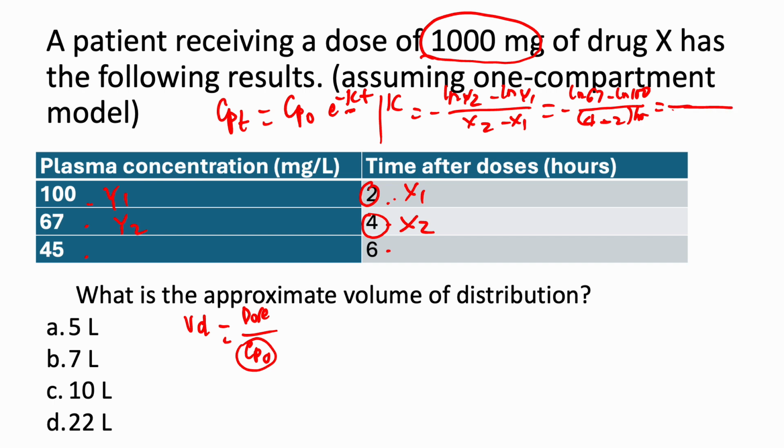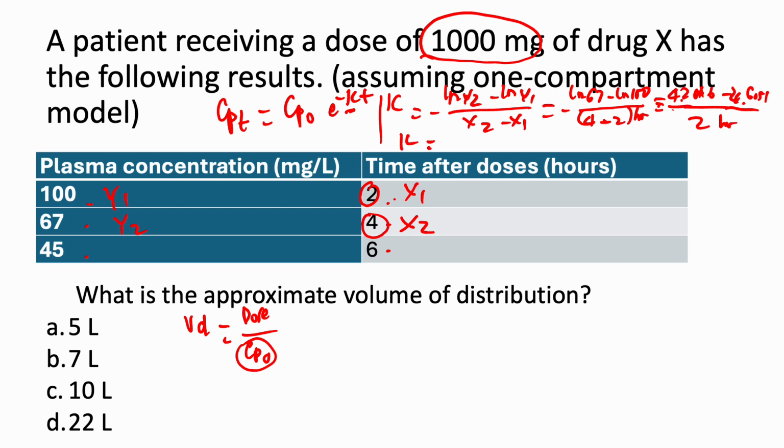So then I have the negative value of natural log of 67 equal 4.2046, subtract natural log of 100 equal to 4.6051, and divided by here 2 hours.